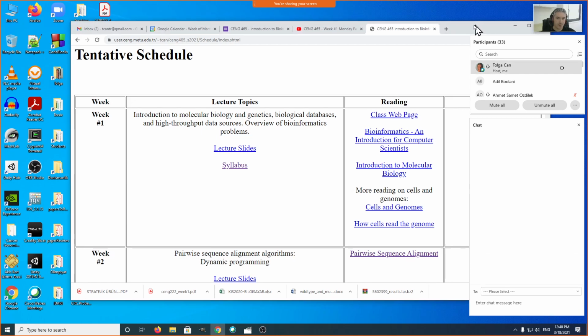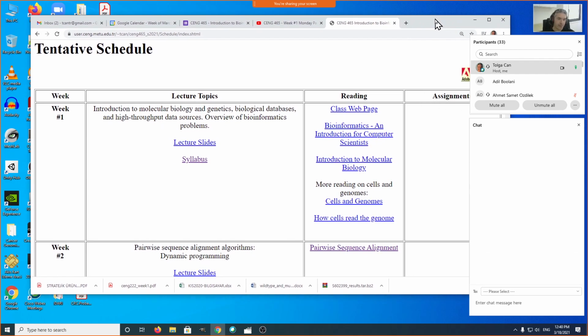All right. So in this second lecture of the first week, I'm going to now start from the beginning of the class and give an overview of molecular biology and genetics and describe the data that we will be dealing with this semester, targeted towards computer engineers.